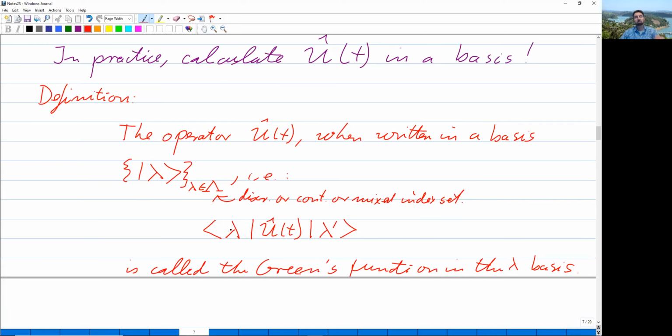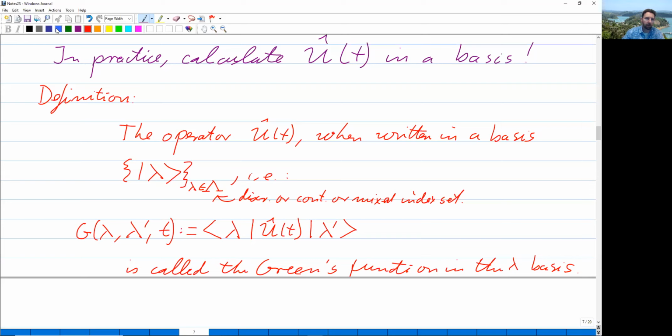It could be like the natural numbers, but it could also be the real numbers, for example. And these matrix elements here, when we let the lambda run through the index set, capital lambda, are given a name. And because we want to call it a Green's function, we write it as G of lambda and lambda prime and t.